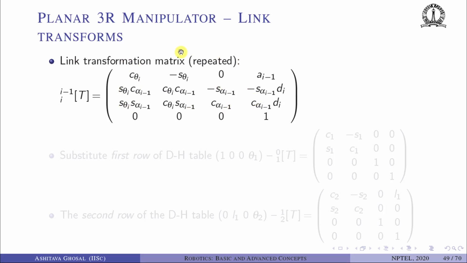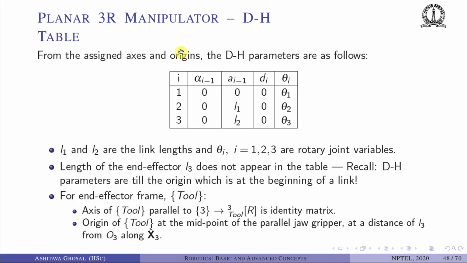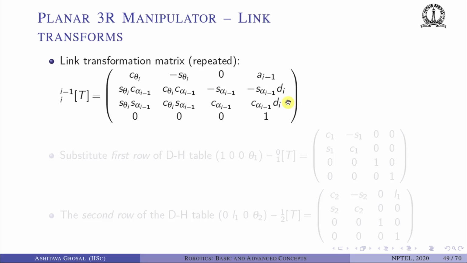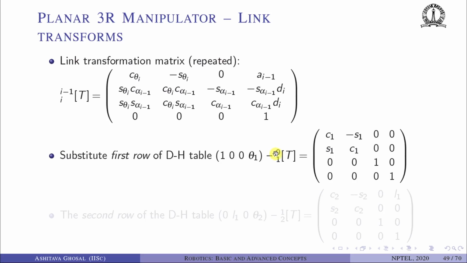So if I now substitute 0, 0, 0, theta 1 in this equation, I will get the transformation matrix 1 with respect to 0. Remember theta 1, so this will be C1, which corresponds to cos theta 1. This is minus sine theta 1. This is 0 anyway. a_{i-1}, first row was 0, so we'll get this 0.